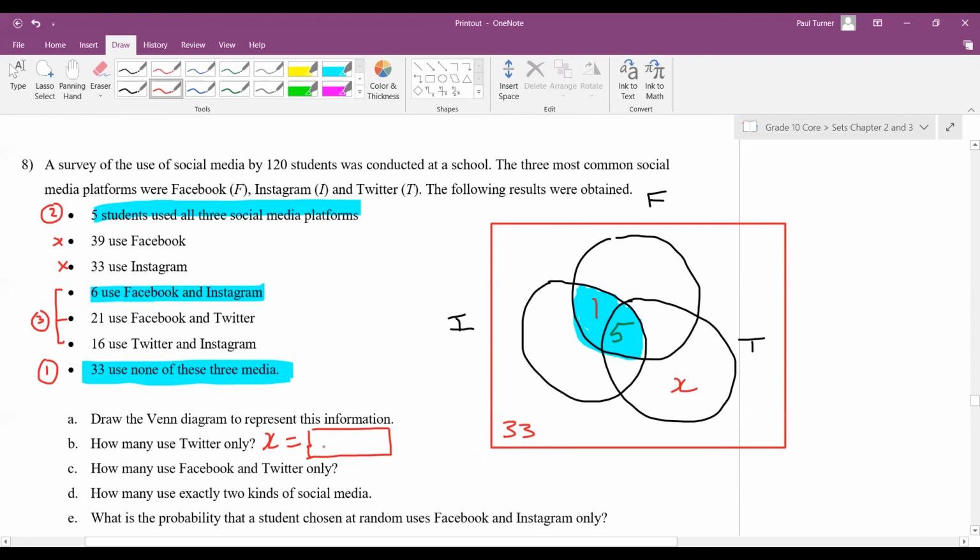There's 120 students in total here. So all of these numbers will add up to 120, including the 33.